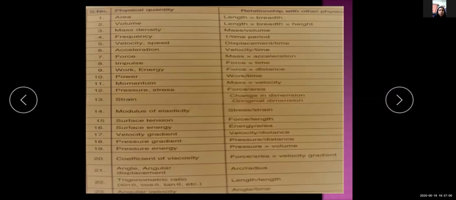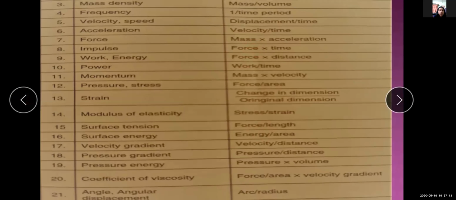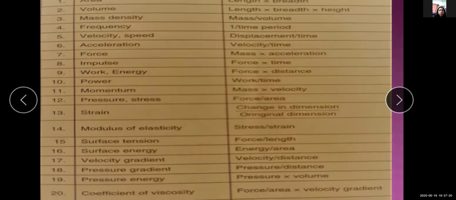Okay, and you are given some physical quantities: area, volume, mass, density, frequency, velocity or speed, acceleration, force, impulse, work, energy, power, momentum, pressure, stress, strain, modulus of elasticity, surface tension, surface energy, velocity gradient, pressure gradient, pressure energy, and coefficient of viscosity.